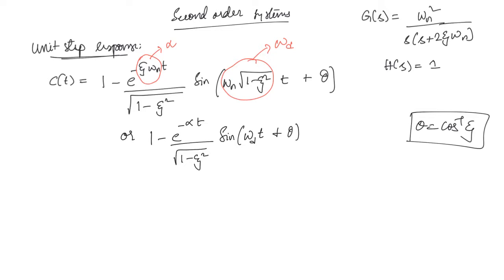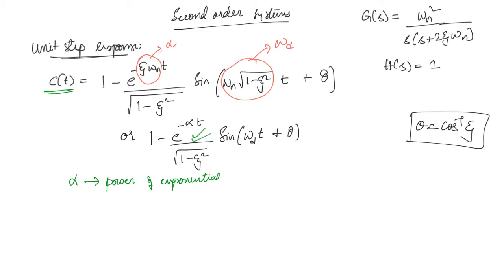Okay, so we can see that for the unit step response C of t, we have an exponential term. Okay, so e is the exponential term, and you can see that alpha exists as the power of the exponential. Since it is having a negative power, minus alpha t, that is why it is an exponentially decaying function, not exponentially growing.